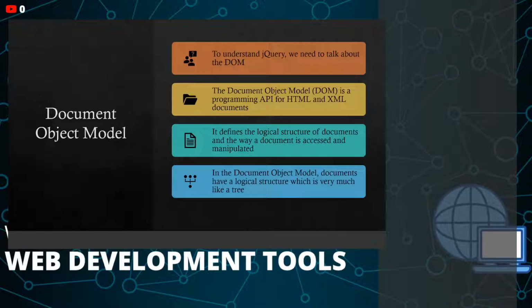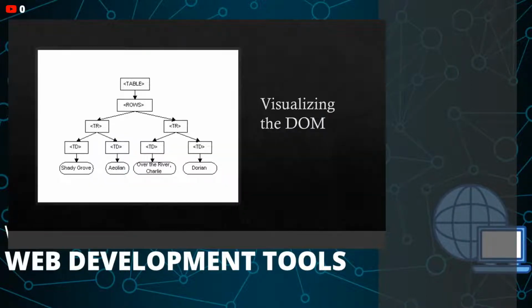Right? Because items at the top of the tree are ancestors. The oldest ancestor at the top of the tree is the root of the document itself, which we either call the document or the HTML tag.